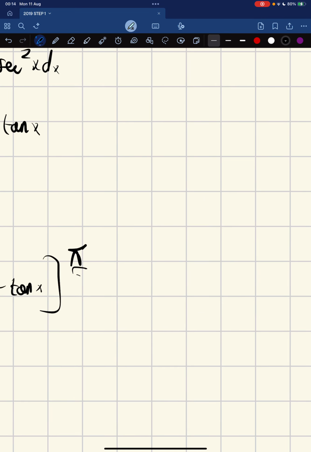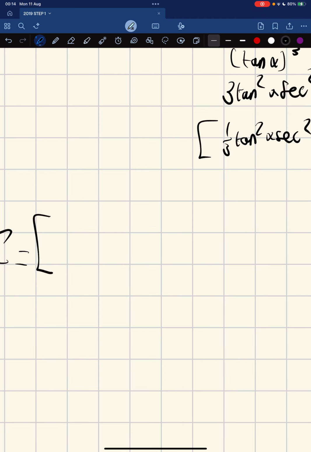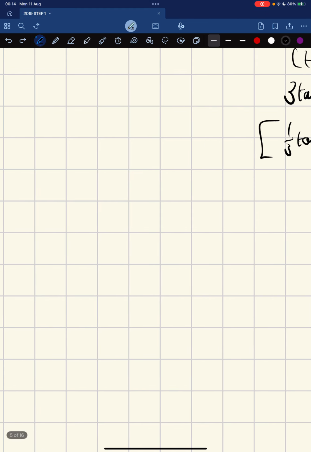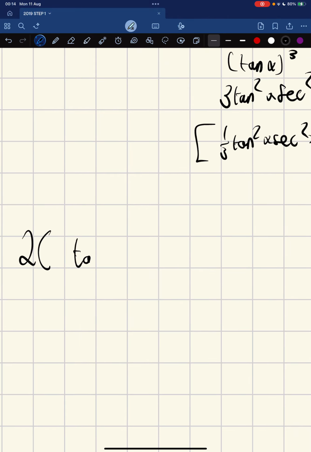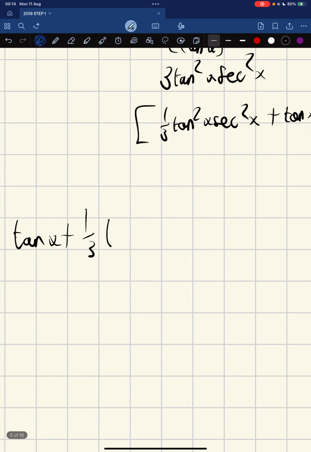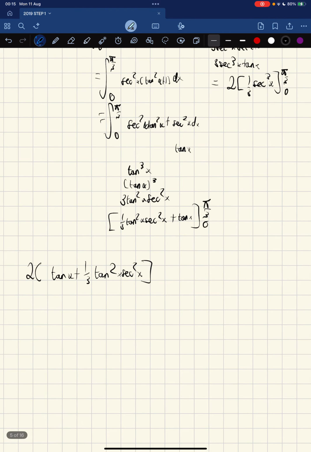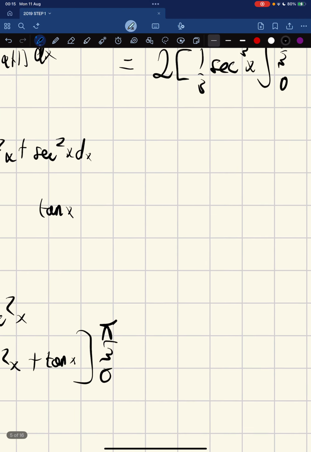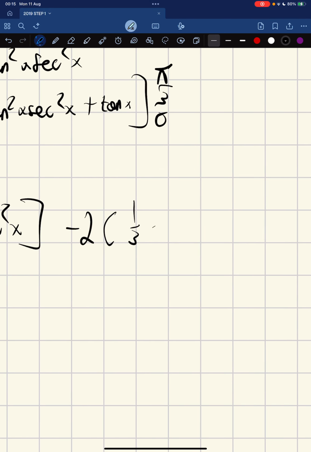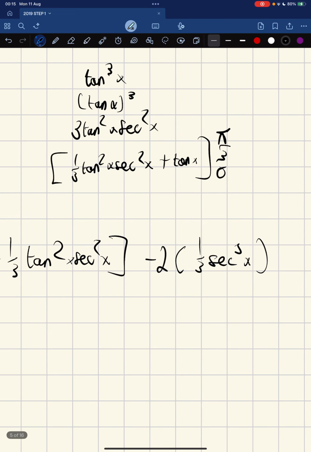So if we combine all 3 results here, we have I equals, we need to remember our 2's, so before we even write that, we're going to write it as one expression and simplify it down. So we have tan of x plus 1/3 tan cubed x. Now here we have 2 times 1/3 sec cubed x, for a square bracket here when in reality it should not be a square bracket.